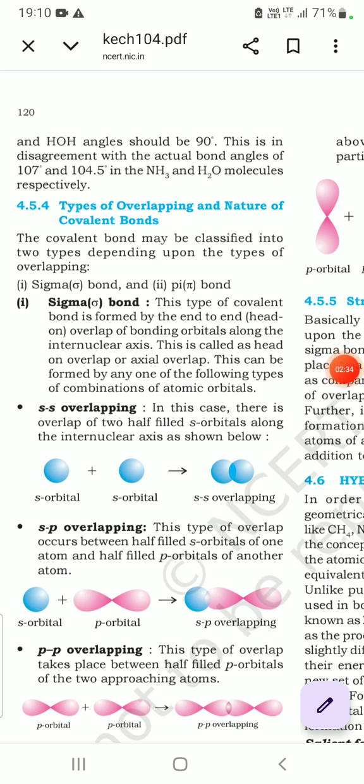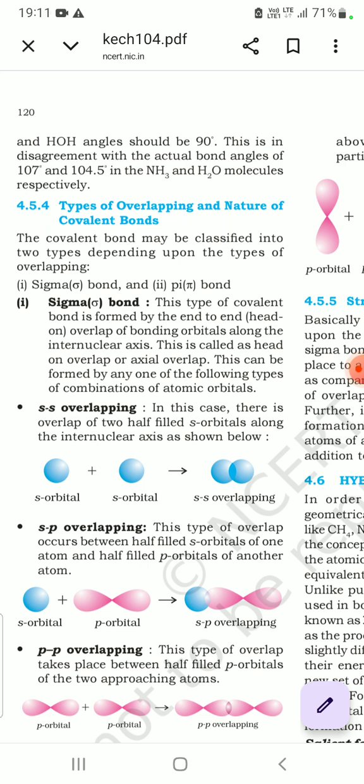Next, it is given the type of overlapping and the nature of covalent bonds. First is sigma. This type of covalent bond is formed by end-to-end or head-on overlap of the bonding orbitals along the internuclear axis, and it can be s-s, s-p, p-p.